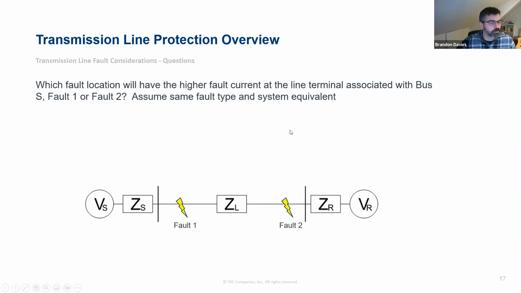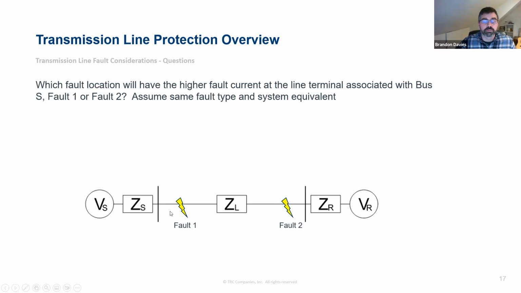All right, so we've got a couple more slides with other questions. Assuming everything else is equal and you have two different faults on the same line, and again, we're looking at a relay measurement at bus S here, the bus S terminal of the line.